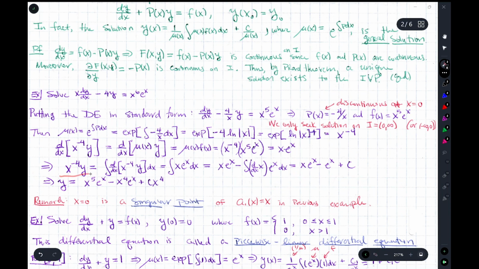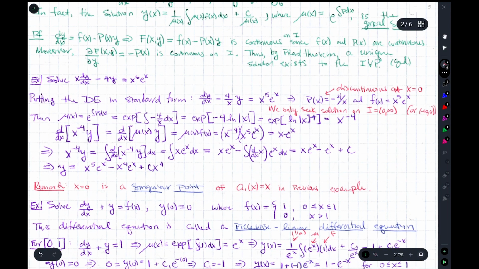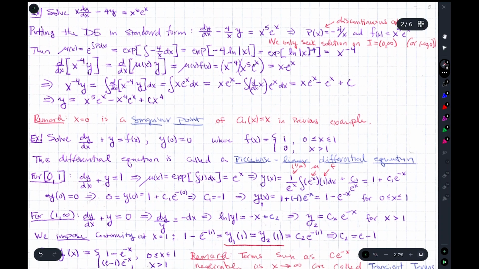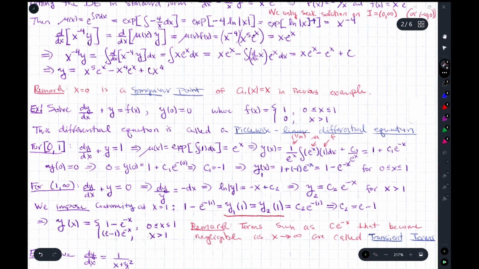So we have the left-hand side equals the right-hand side. We multiply by x to the fourth on both sides to get this simplified expression. And this is only valid for that interval there, because at x equals 0, that's a singular point of this a1, and so we would get division by 0 in that case.